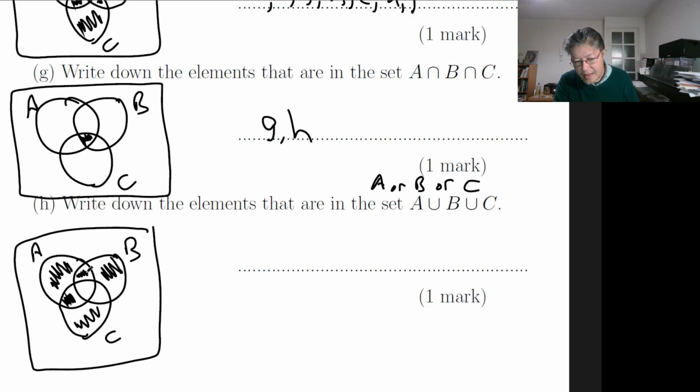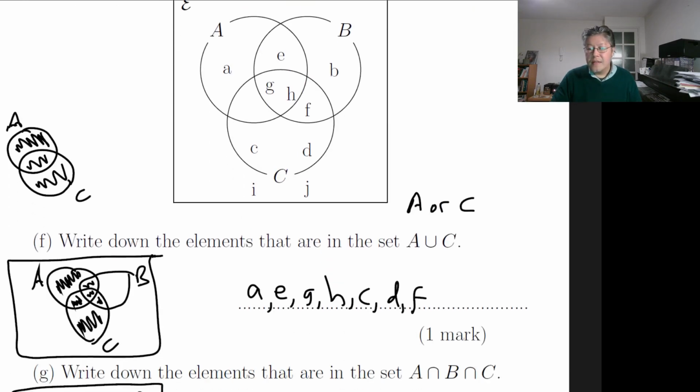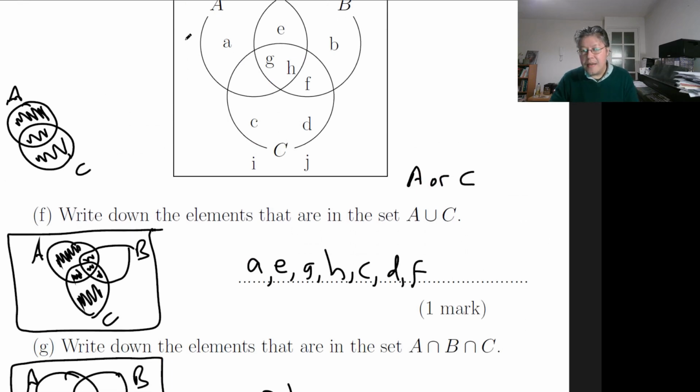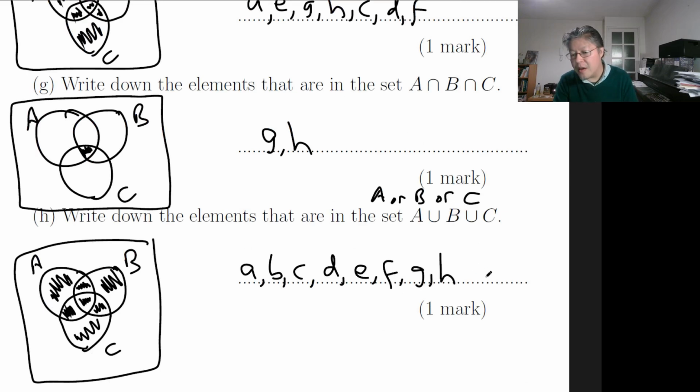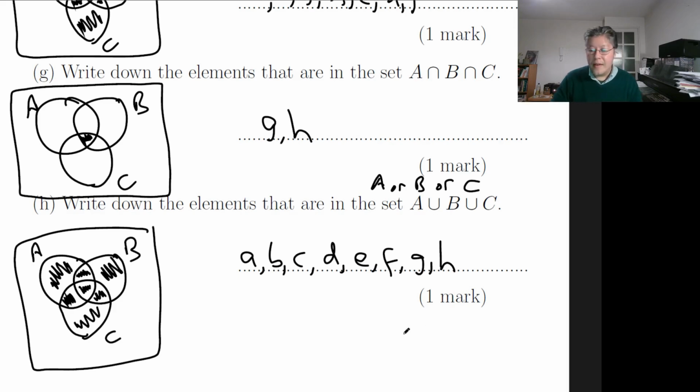This is A and B only, and this is B and C only, and this is A, B and C. And this will be all of that, everything there. So basically everything except for the outside bit. So if we look here, it's going to be the A, E and B. It's basically everything except for the I and J. It's in alphabetical order, so it's basically A, B, C, D, E, F, G and H, but not the I and the J. And that's that.